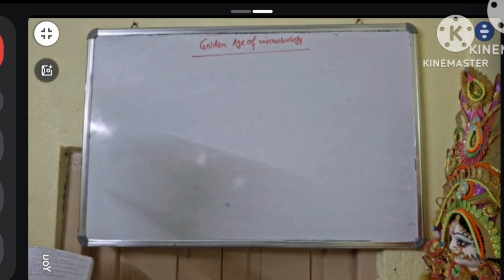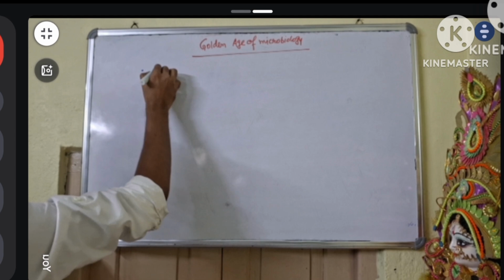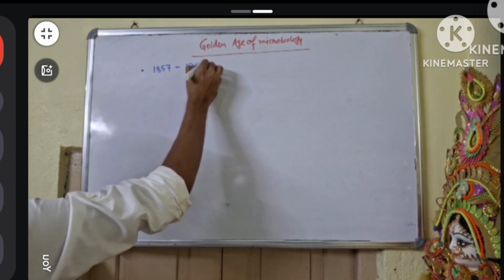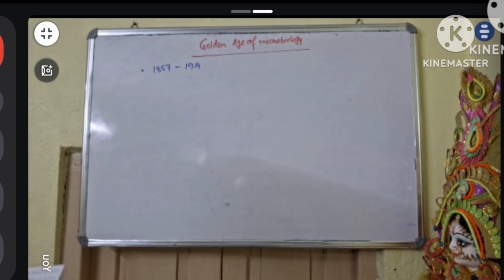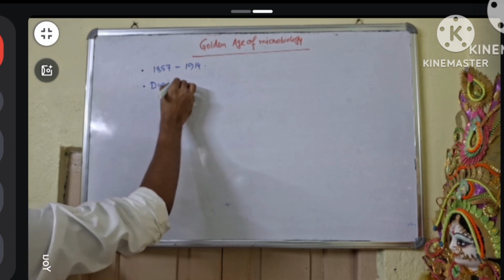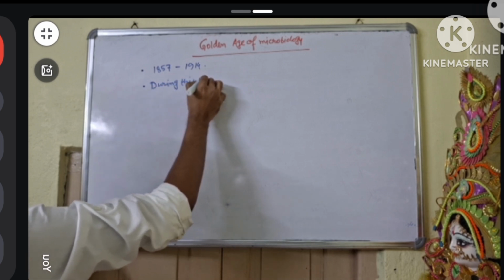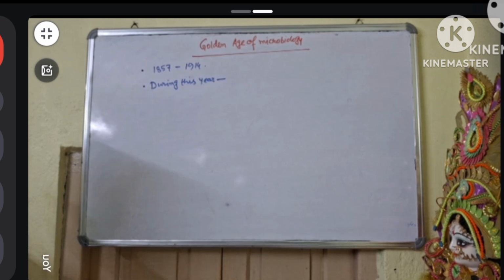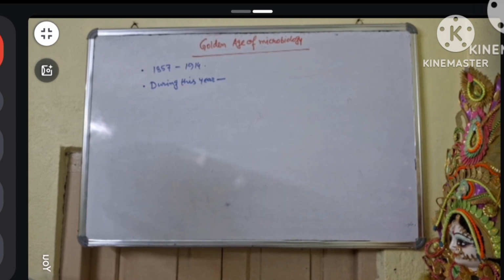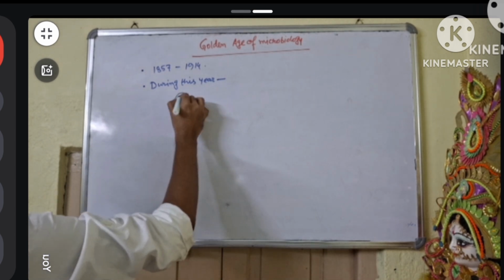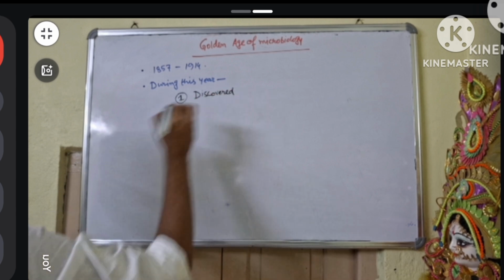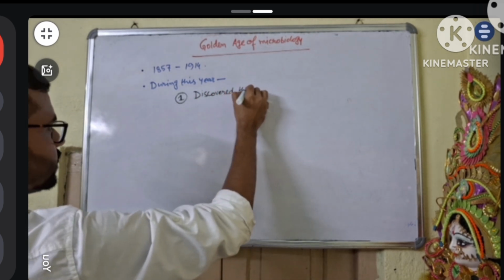We consider the golden age from the period 1857 to 1940 because the major events were done in this period. During these years, scientists discovered the agents of many diseases.